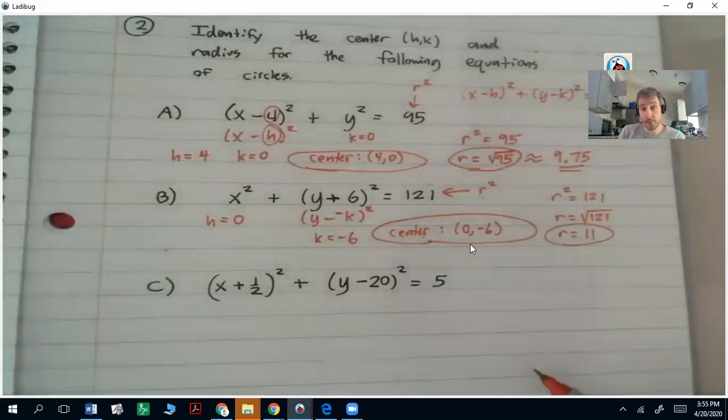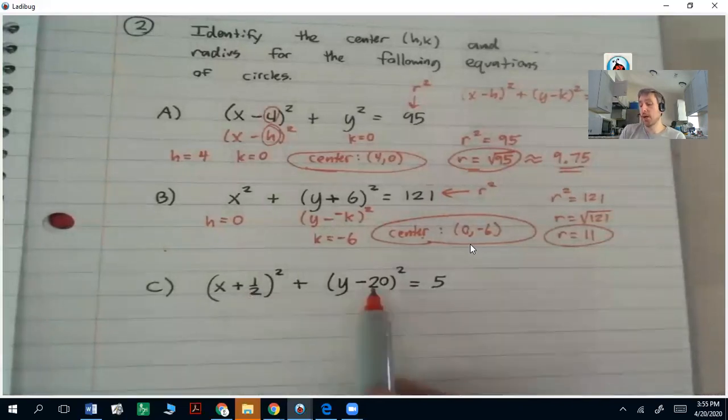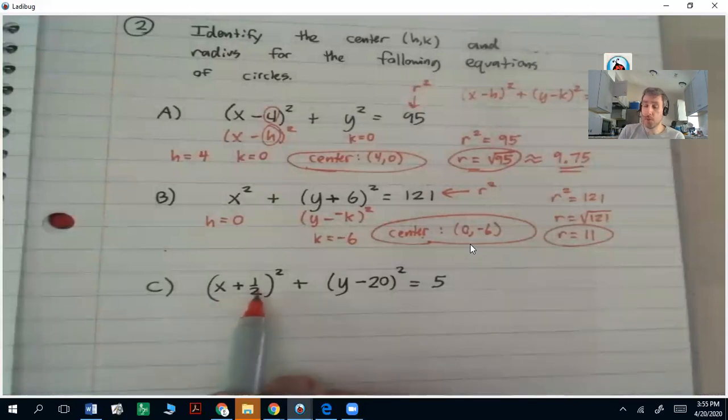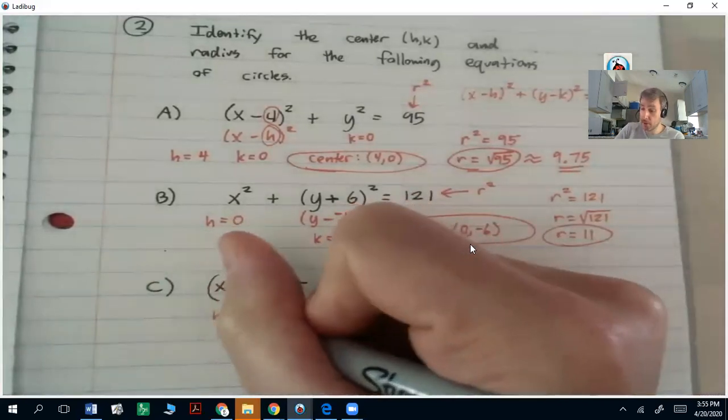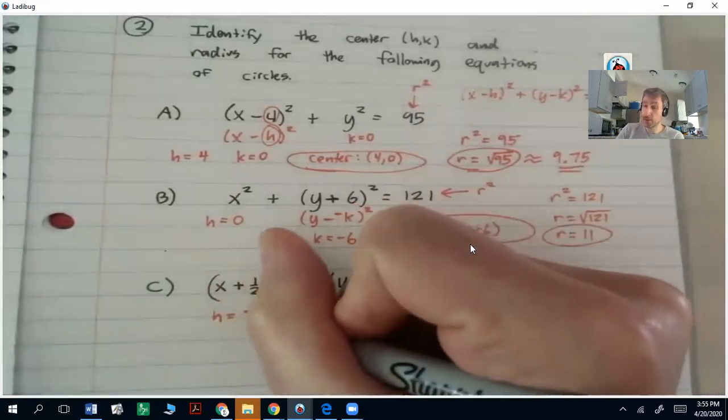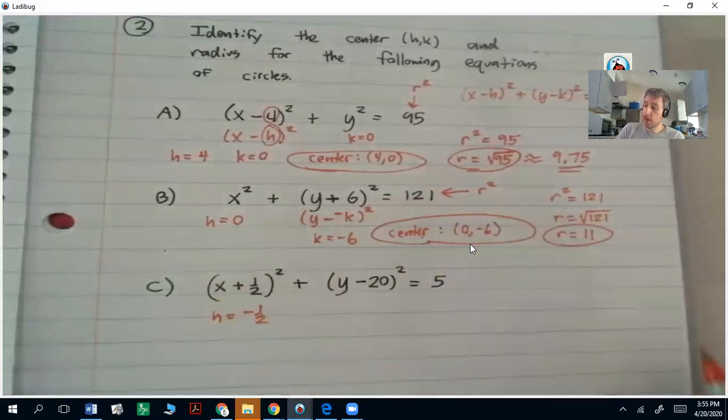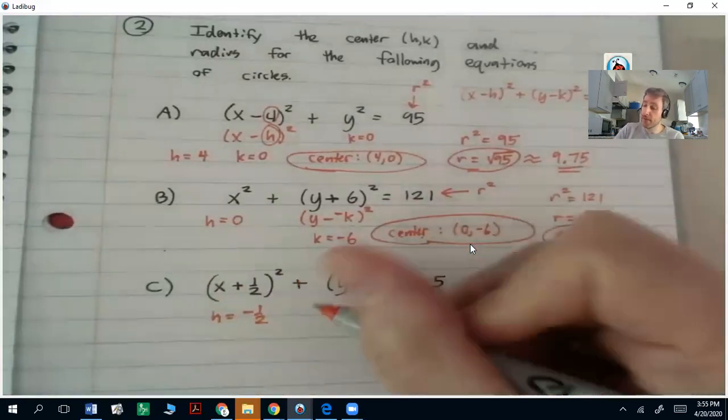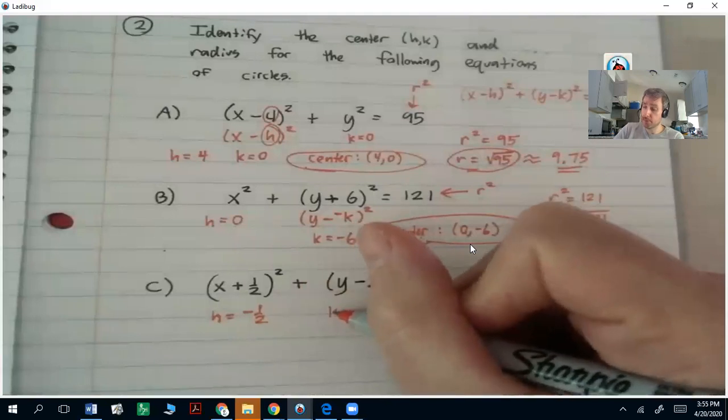All right, we good? So let's look at what we have. We have numbers in both the parentheses. This one is +1/2, so our h value should be -1/2 because it's going to switch the sign. And this one is -20, so the k value is going to be +20.